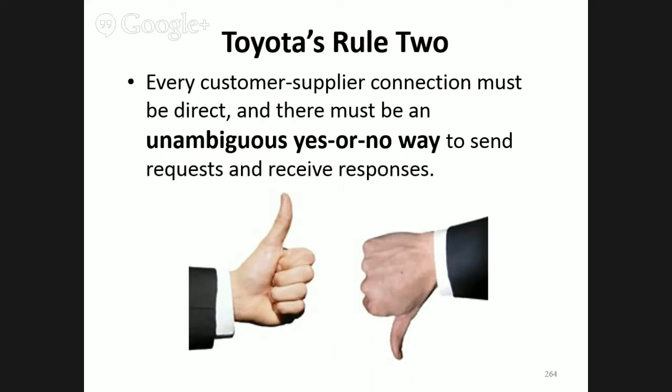Japan is a very polite society. So if you ask somebody in that culture, and they say, well, no, not right now, I don't think that's a good idea, that means no. Okay?